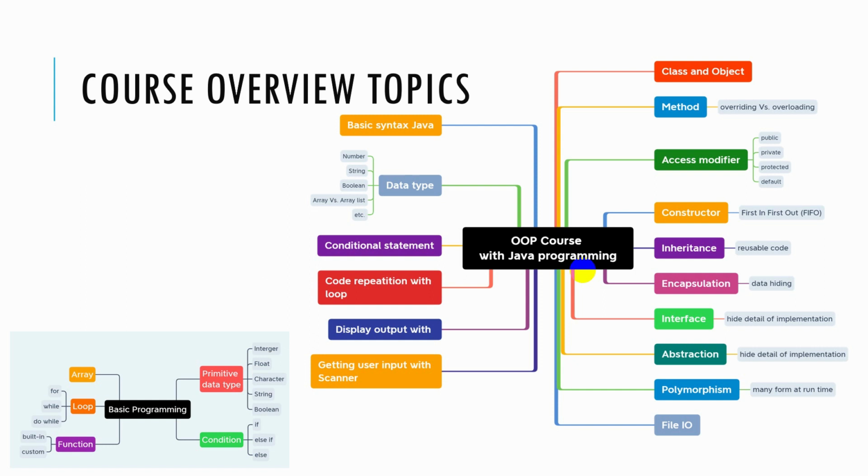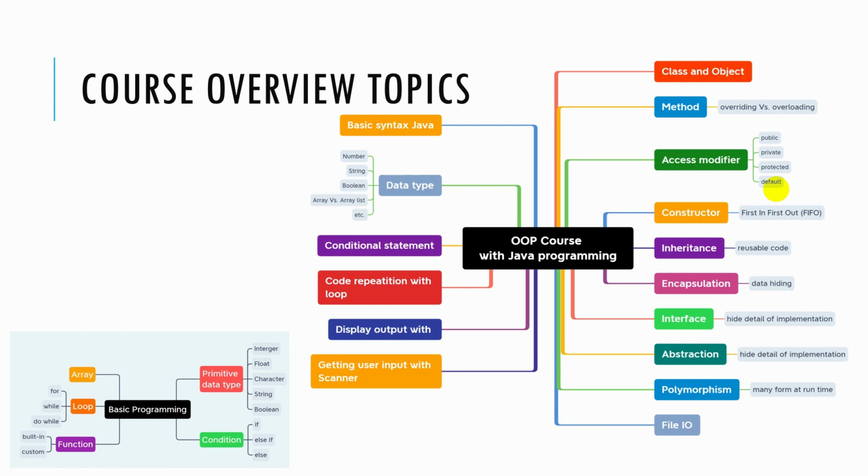We have overriding function and overloading function. And we have another topic, access modifiers, including public, private, protected, default, which are key terms that are used in our program. Okay. Either we add it to the class or the property variable.